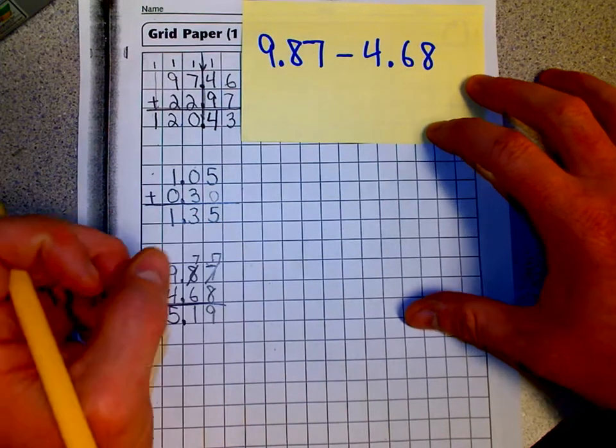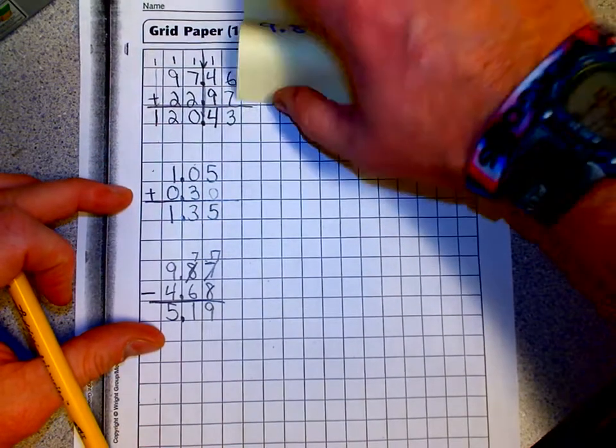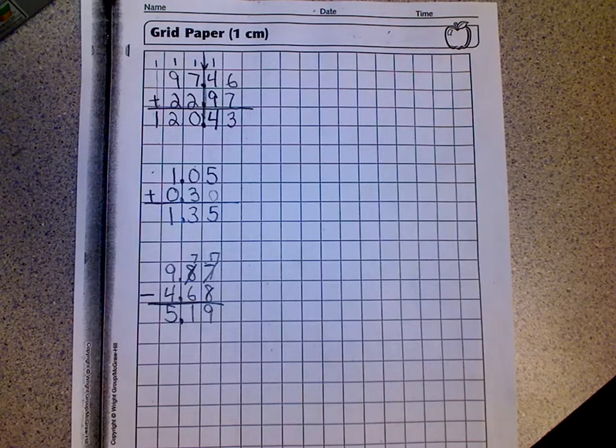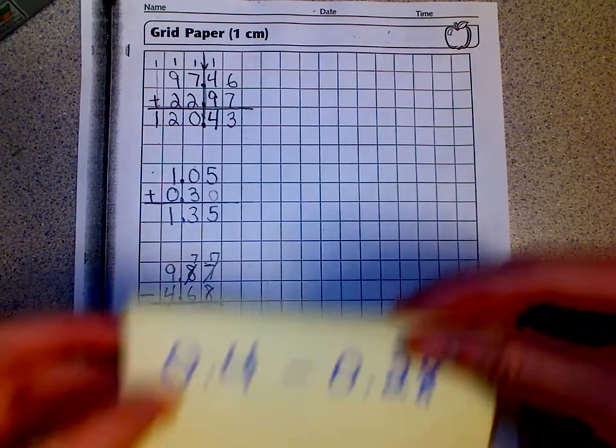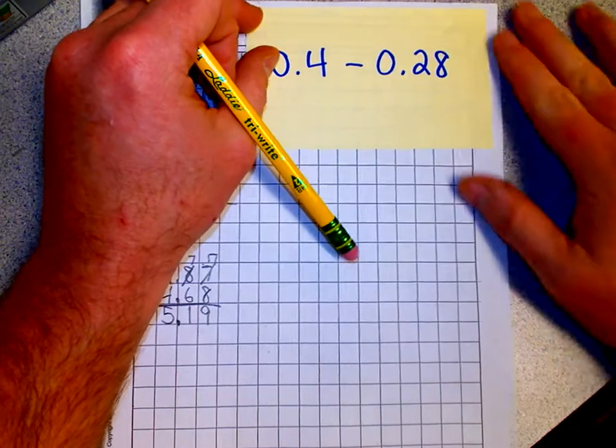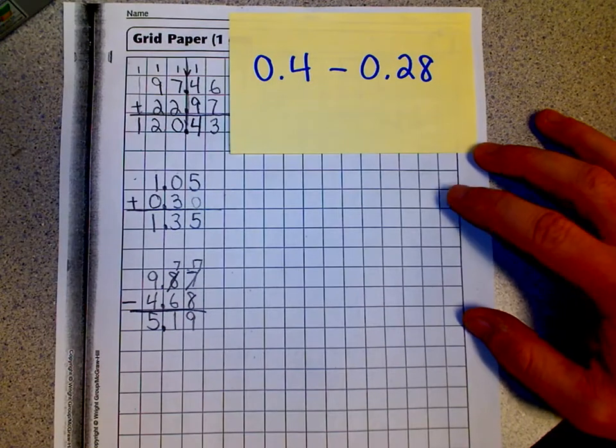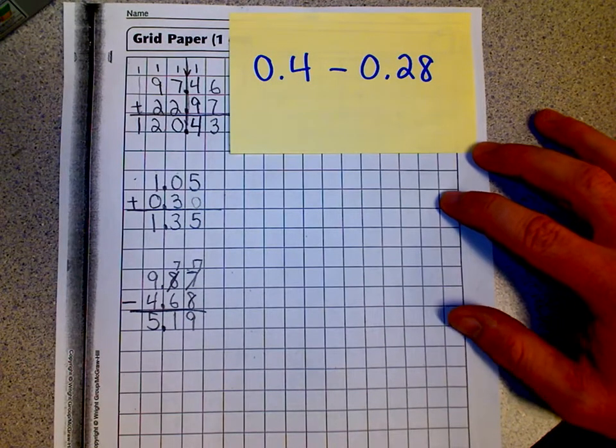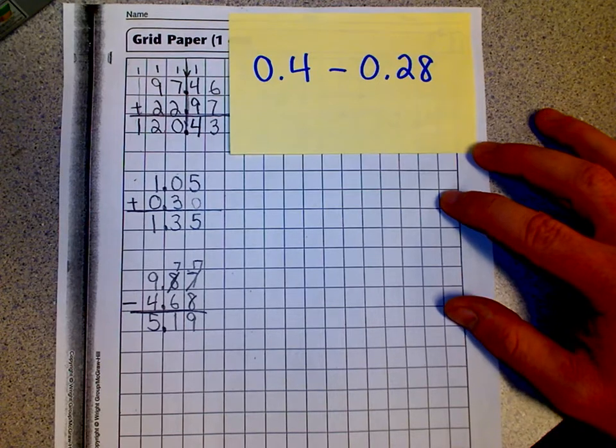We're going to try one last problem today. This one's going to be a little trickier. Okay, so we have 0 and 4/10, or 4/10 minus 28 hundredths.